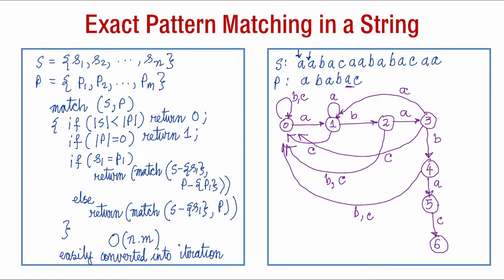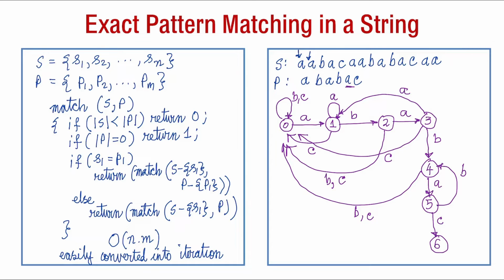So here instead of C, if I get B, then I know that I have got A, B, and again if I get B, then I already have the sequence A, B. So I will move to this state.